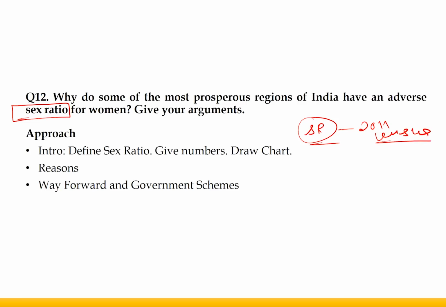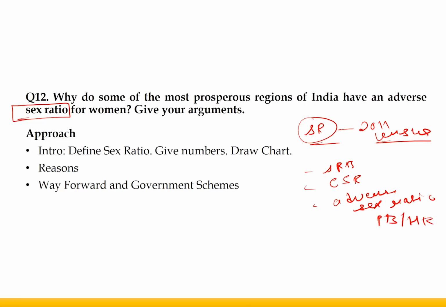Now there are certain numbers which I urge you to memorize. One is the national sex ratio at birth. Then the child sex ratio, then regions which show adverse sex ratio, which are primarily Punjab and Haryana.